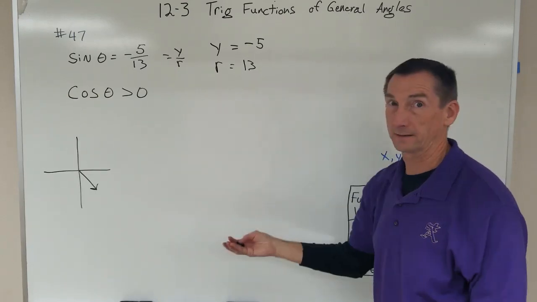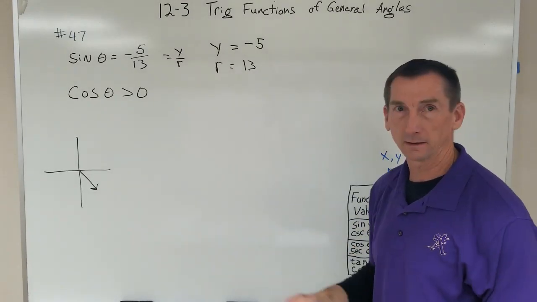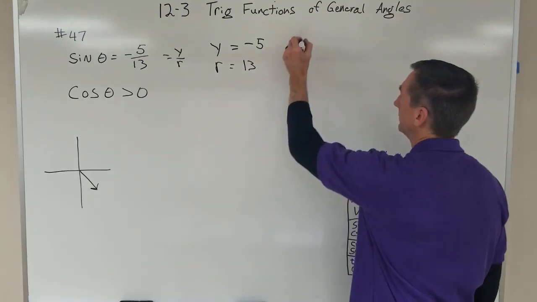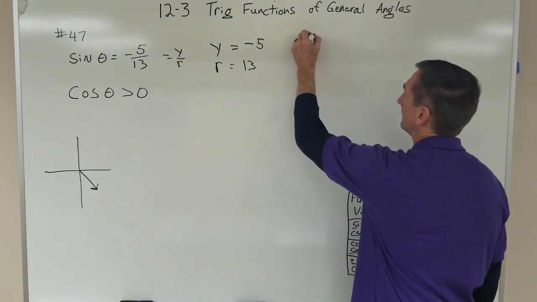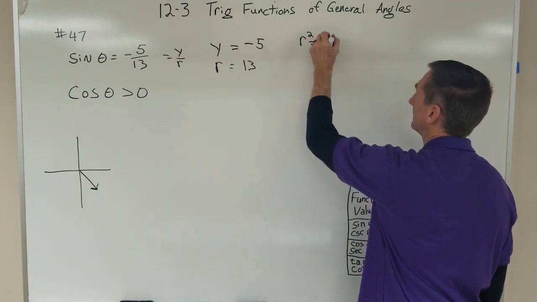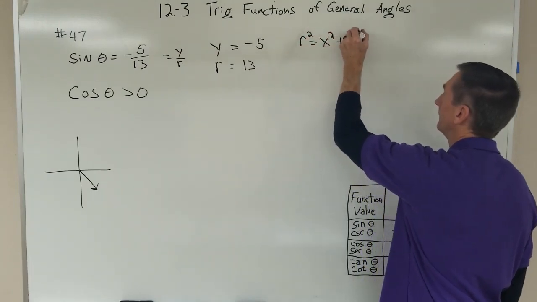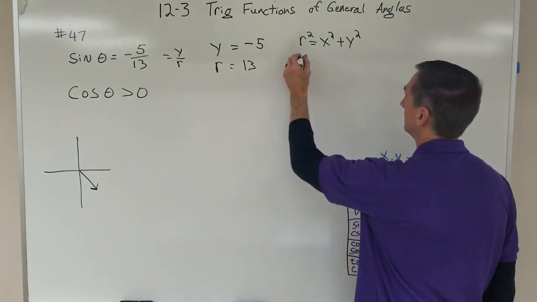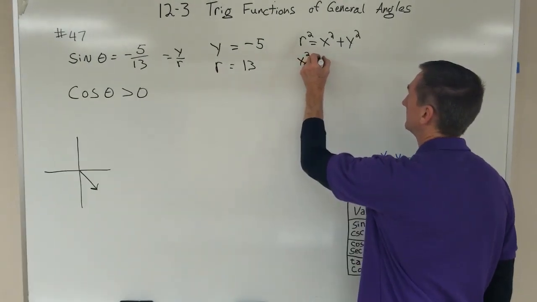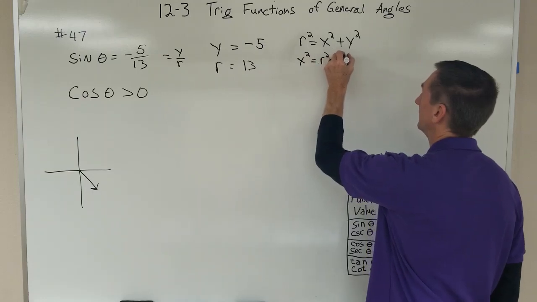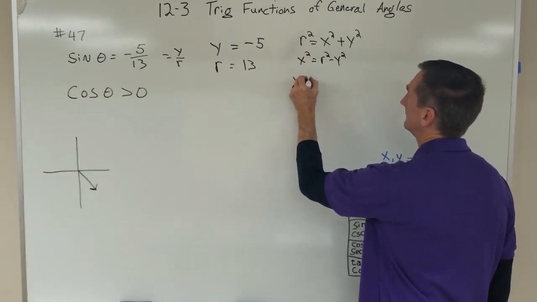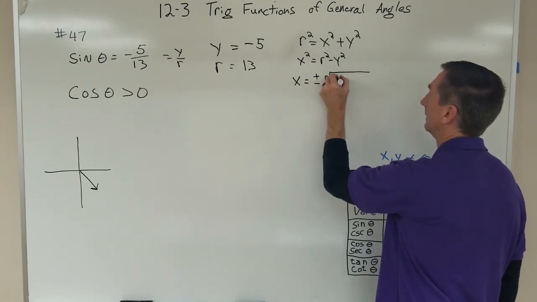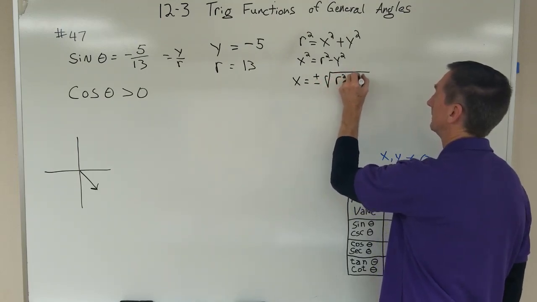Now I need to find x. If I can find x, I can write all these quite easily. I know that r squared is equal to x squared plus y squared, because of Pythagoras. I can move this around a little bit: x squared is equal to r squared minus y squared, and x is equal to plus or minus the square root of r squared minus y squared.